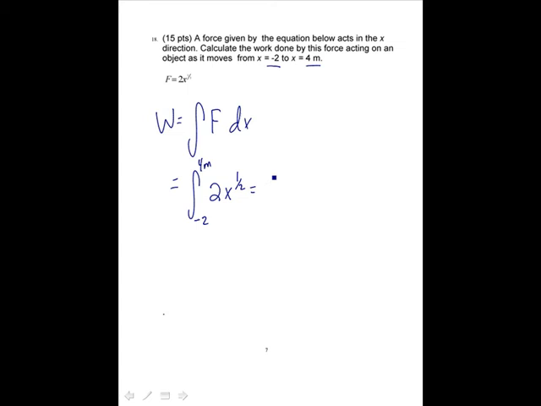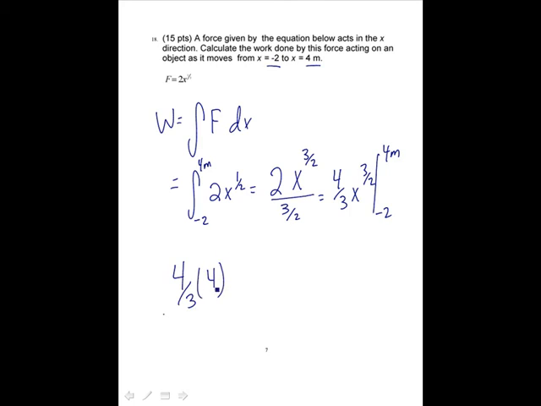The integral is 2x to the 3/2 over 3/2, which is 4/3 x to the 3/2. Evaluate this from -2 to 4 meters: 4/3 times 4 to the 3/2 minus 4/3 times -2 to the 3/2.